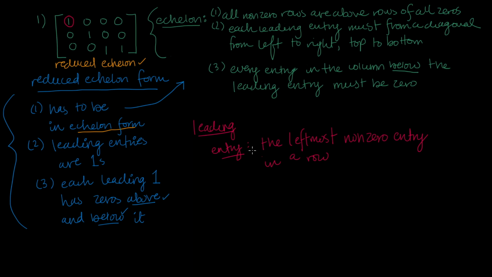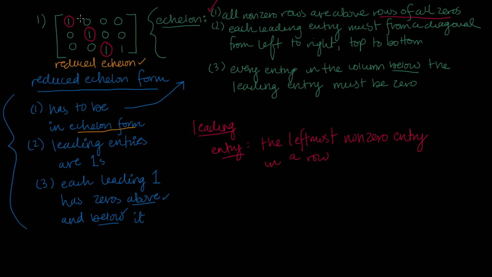Now let's check to see if this matrix is in echelon form. Now, this number 1 wasn't a problem because we don't have any row of all zeros, so we can already check that off. Now, let's check all the leading entries. So this is a leading entry. This is also a leading entry because it's the leftmost non-zero entry, so we skip this 0 and go to this 1. And then this is the leftmost non-zero entry. So these are all the leading entries.